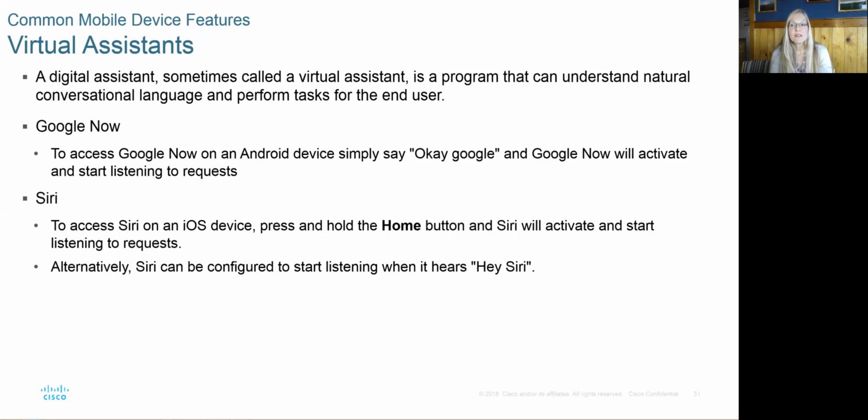So virtual assistants, so we've got Google Now and Siri. These digital assistants rely on artificial intelligence, machine learning, and voice recognition technology to understand your conversation style voice commands, because people have different accents and different speaking styles. So you would need to teach your phone how to recognize your voice.